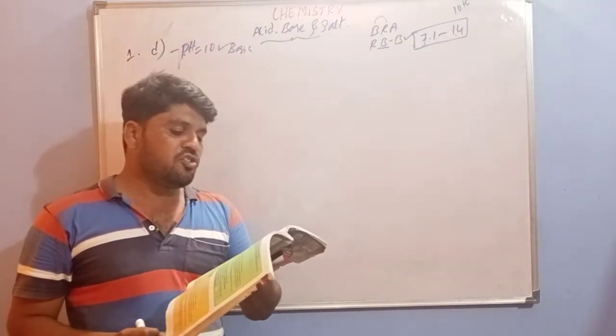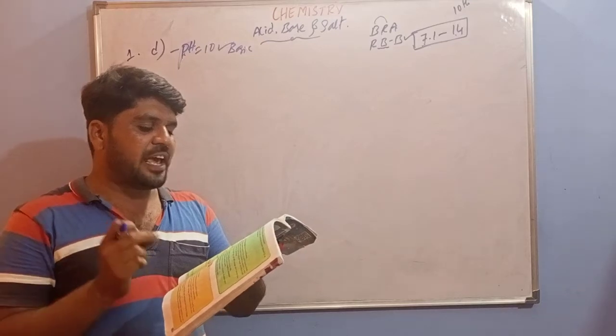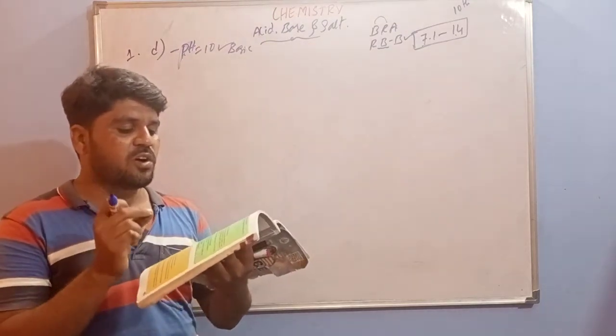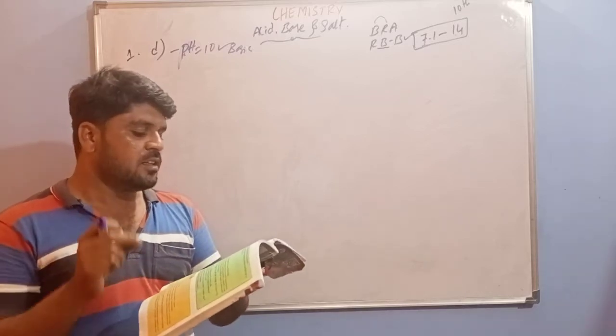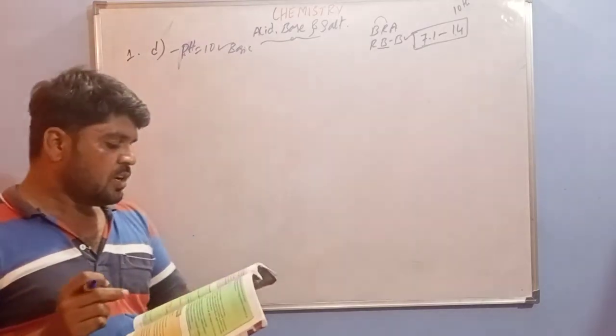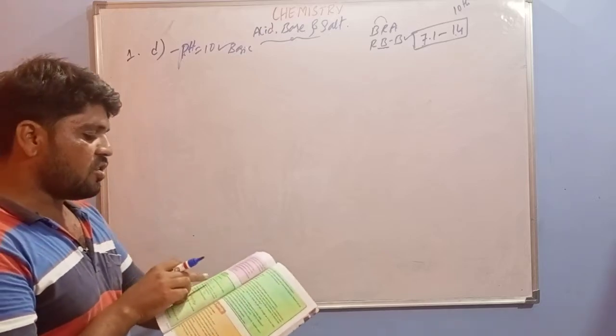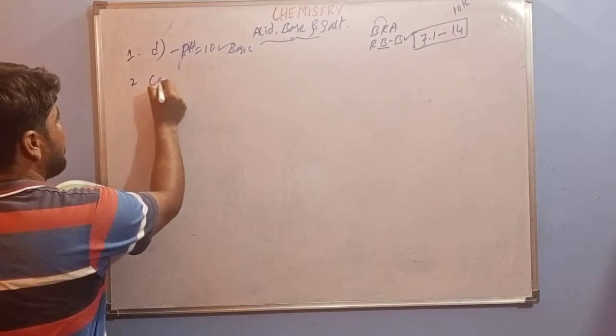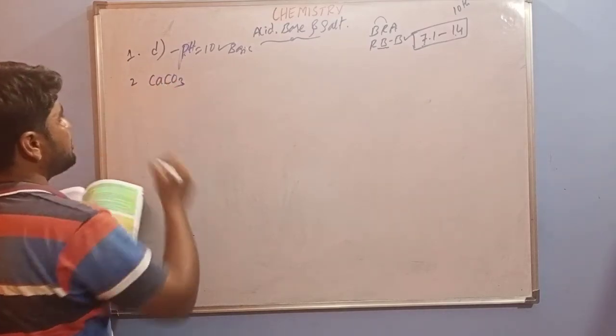So the next question. 2. A solution reacts with crushed eggshells to give a gas that turns lime water milky. The solution contains: NaCl, HCl, LiCl, KCl. So simply students, crushed eggshells contain calcium carbonate, CaCO3.